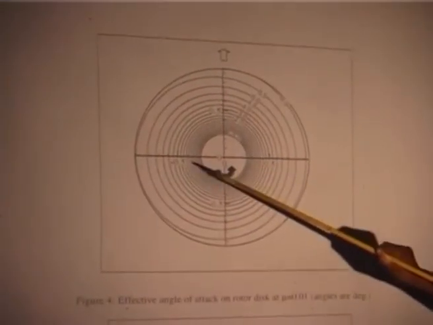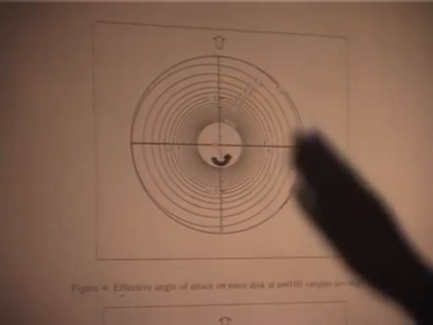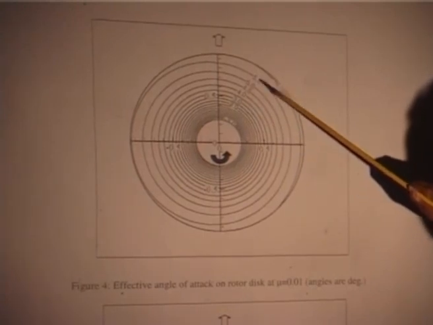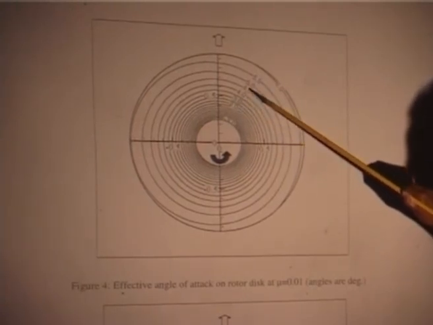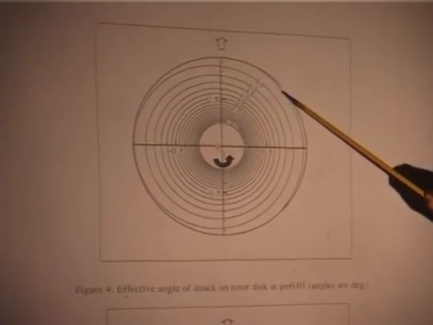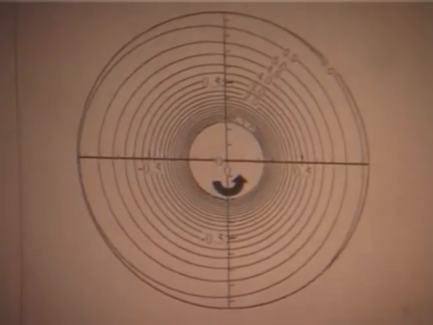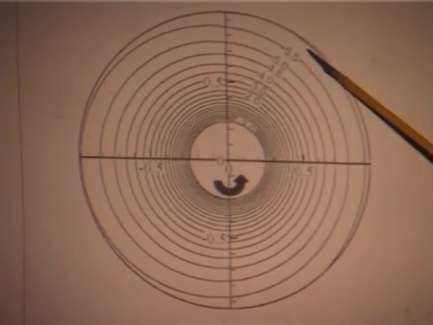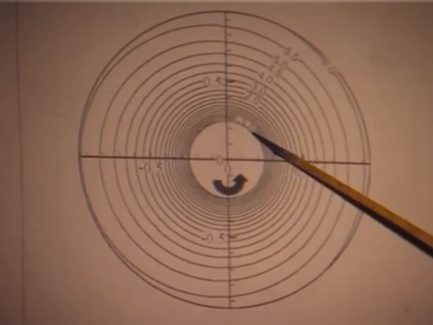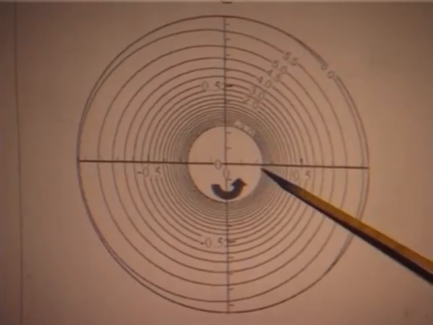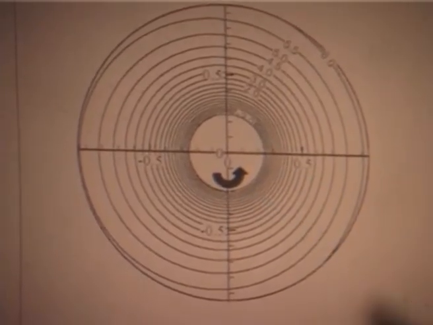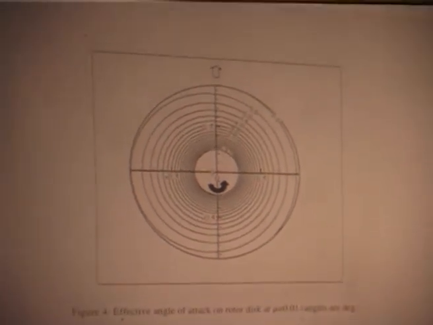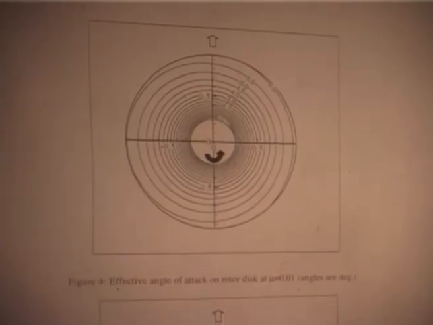This is 0.05, these are nothing but the midpoint of the rotor, and these small numbers 2, 3, 4, 4.5, 5.5, are the effective angle of attack on the rotor disc at various radial locations, because we took 0.23 as the hub, for an advance ratio of 0.01, very low speed.